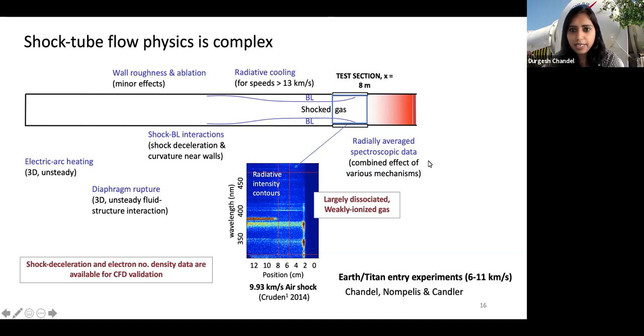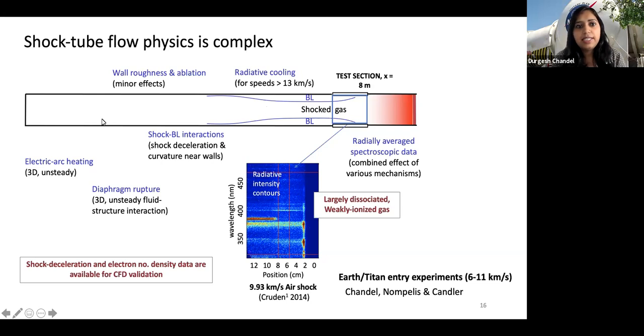However, the data collected here is radially averaged spectroscopic data, which has a combined effect of various mechanisms. In a 3D unsteady process, there can be formation of secondary shock waves, which can introduce some instabilities in the shock, and then those instabilities can grow in the boundary layer region.